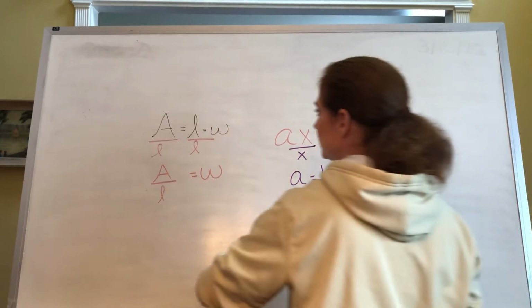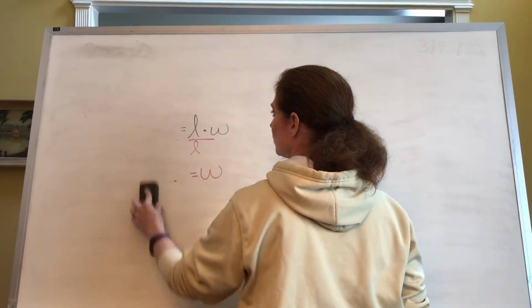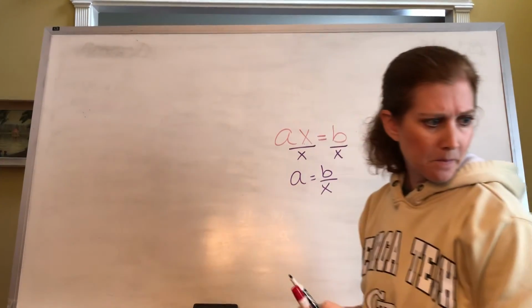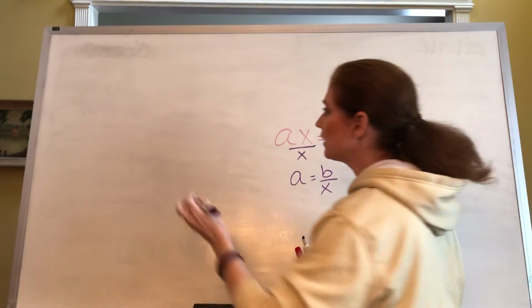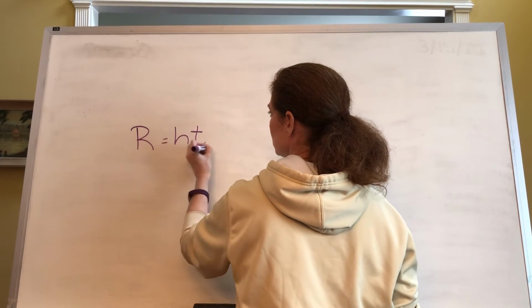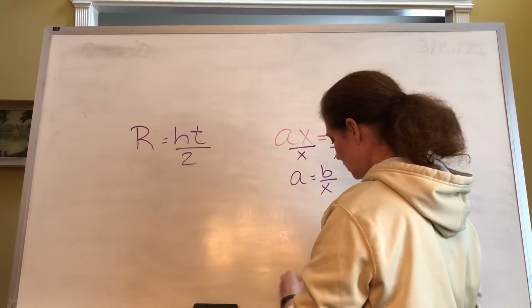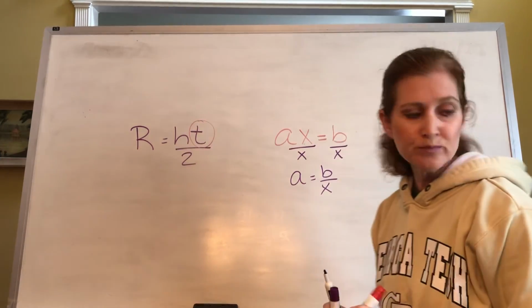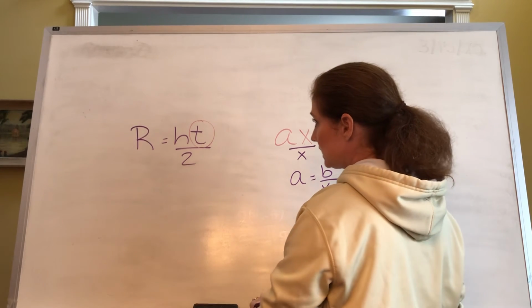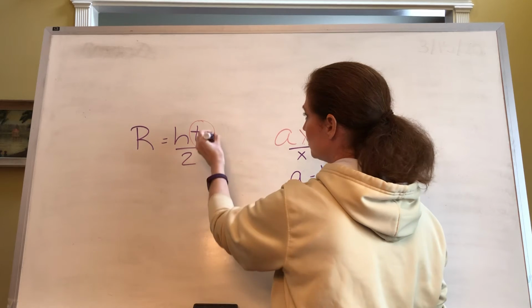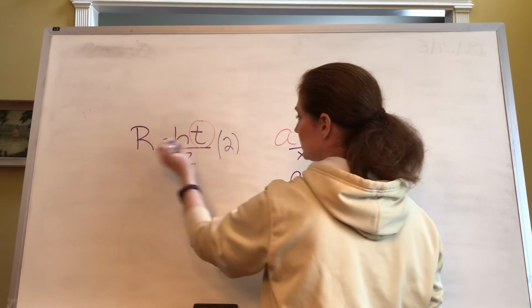All right, another example. I have R equals HT divided by 2. And I want to solve for T. The first thing I need to do is, since this is divided by 2, I want to multiply both sides by 2.